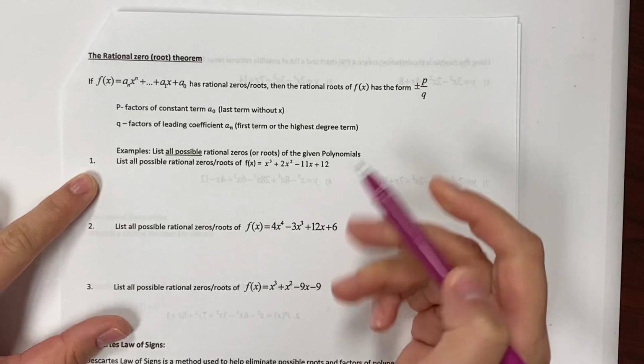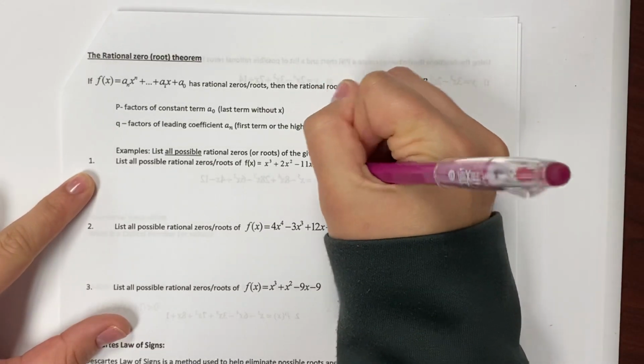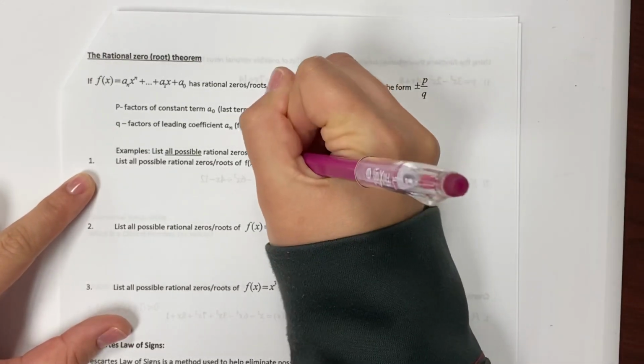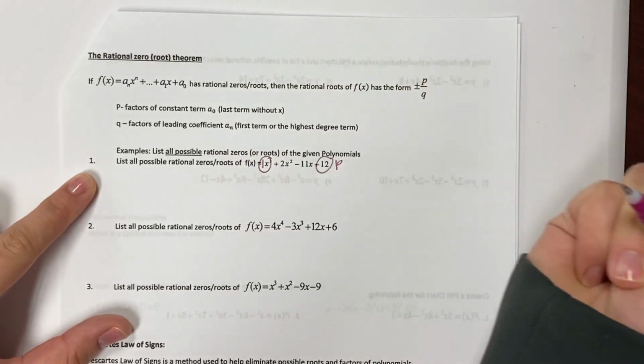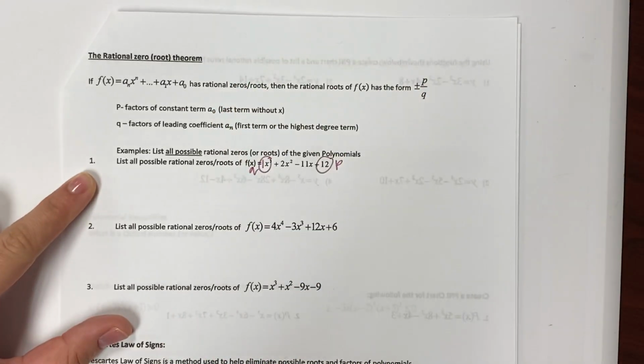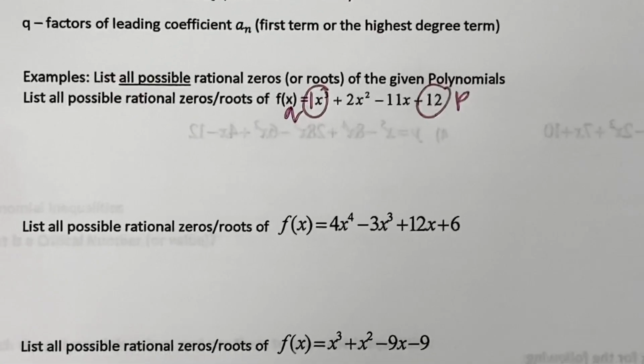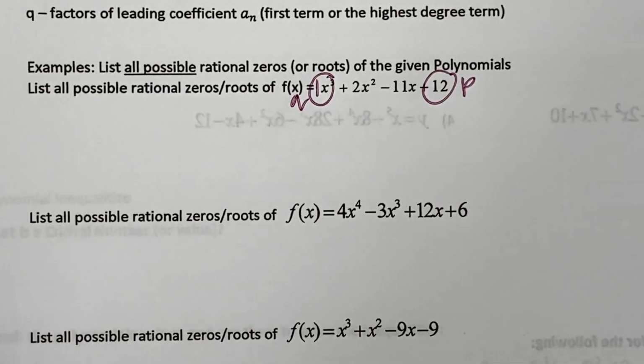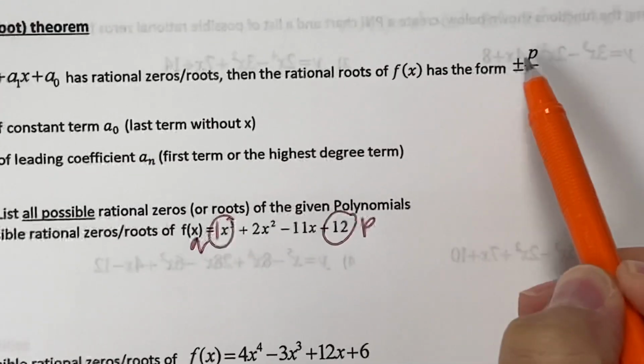So for number 1, 12 is P, and right here the 1, the imaginary 1, is Q. Okay, so if I'm going to list out the factors of P and Q, we need the positive and negative.